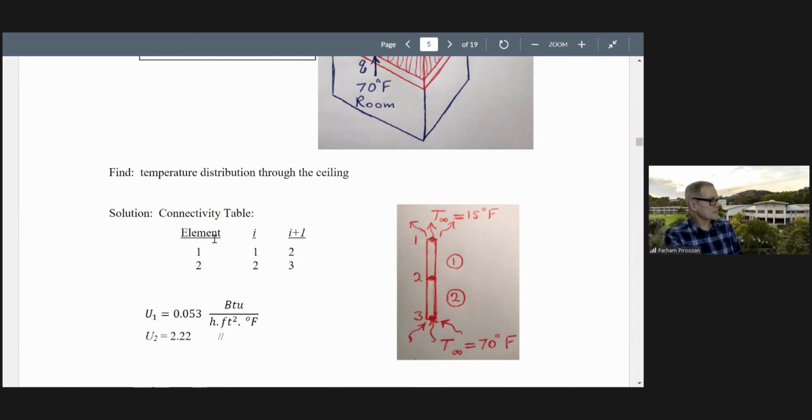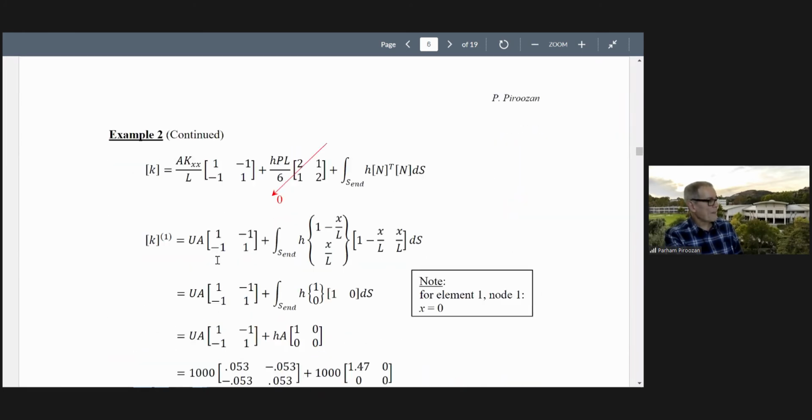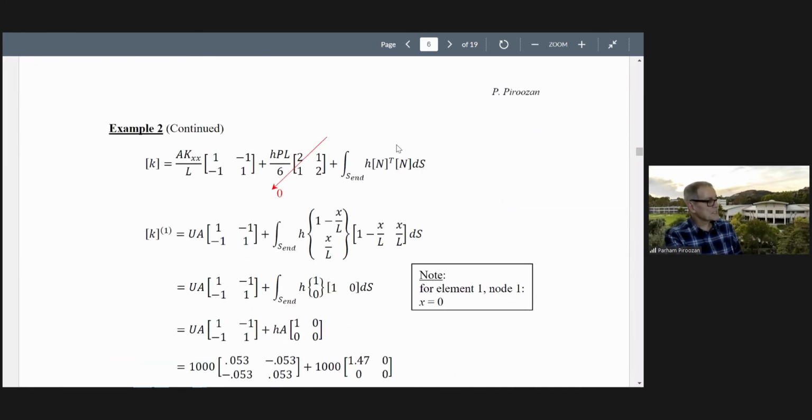That's what you see in the connectivity table, just 2 elements are used. So we have the U factors for just element 1 and element 2. By doing this, our K in general is given by this. This is due to conduction, this is due to convection, this is due to the tip of this. Here, in this term, we don't have convection from the surrounding walls.